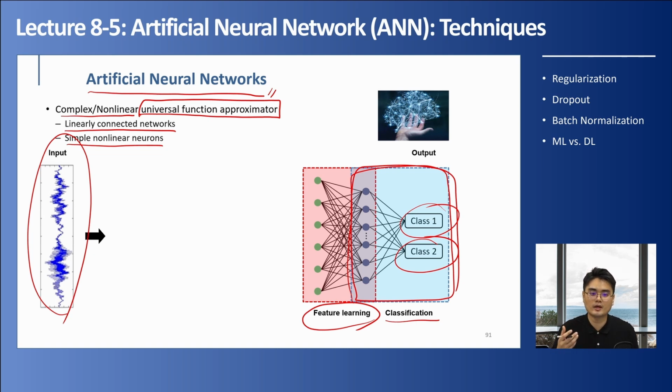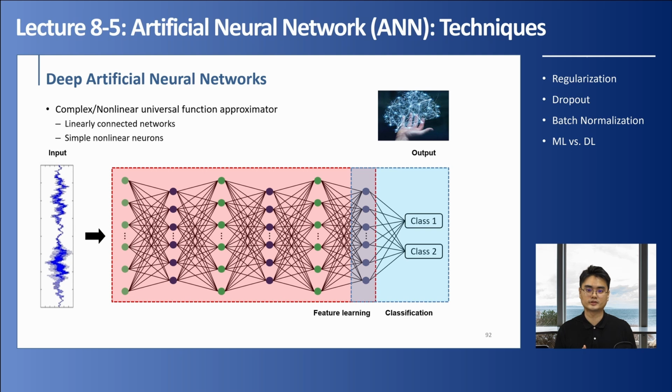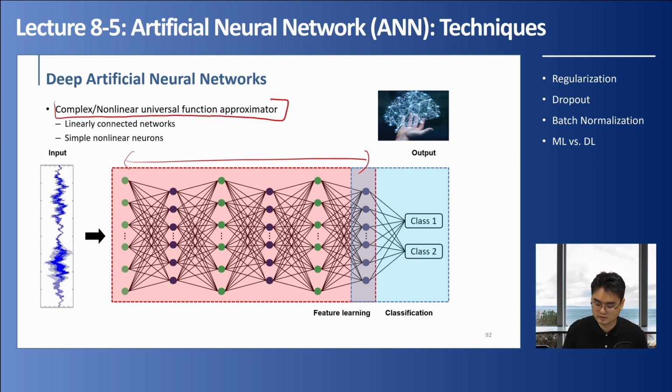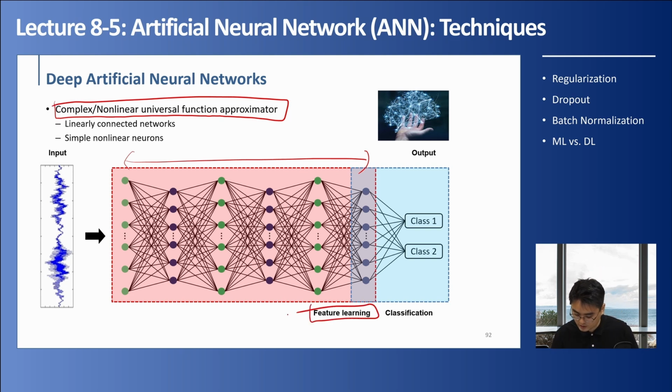When we're doing deep artificial neural networks, it means that we are adding more and more layers. There's no specific rule of what is deep or not, but usually it's about 10. If it's deeper than 10 layers, we call it a deep artificial neural network. Deep artificial neural networks are more capable of learning more complex and nonlinear functions, which means that we can extract very good features.